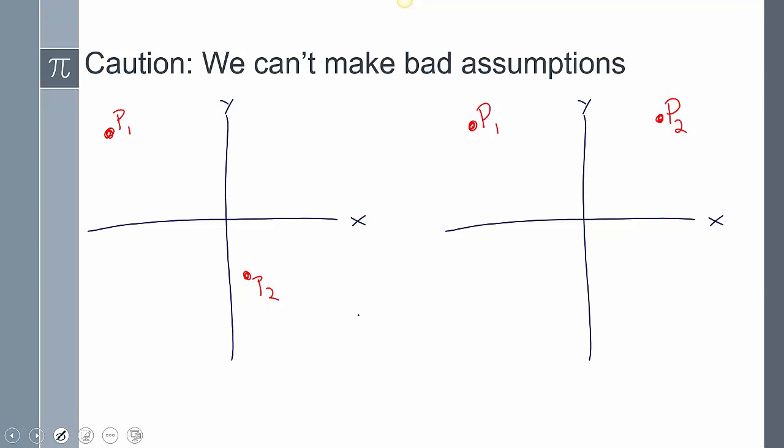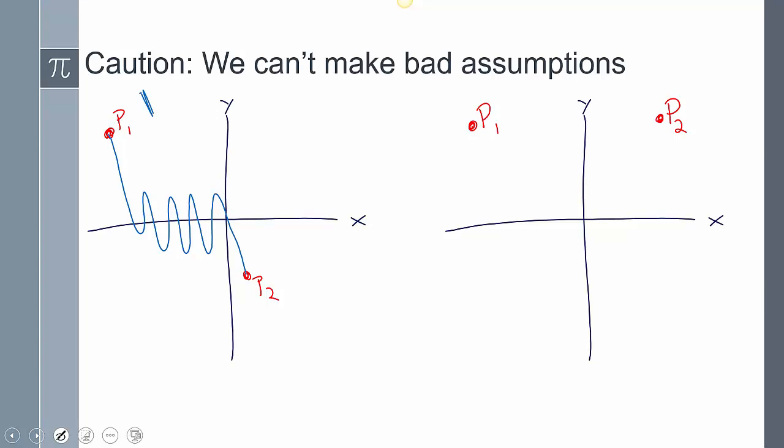Now, we have to be careful of a few assumptions about the intermediate value theorem. The first assumption is some of us think, well, if it crosses, there's only one zero. And that's not true. The definition says at least one zero. And what I mean is your function can do this.